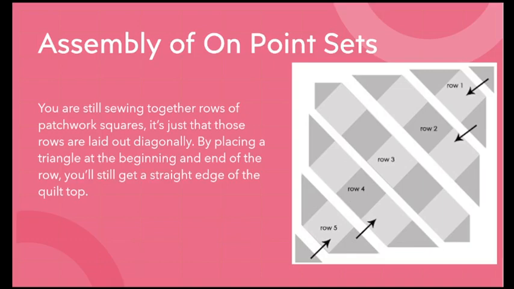Row 3 in this image is the center row, and the center row gets corner triangles on both ends, whereas the rest of them are going to get setting triangles. If you can tell, in the upper half the setting triangles go one direction, and in the lower half of the quilt the setting triangles rotate. Once you hit the halfway point in the quilt, things kind of mirror image, if that makes sense.